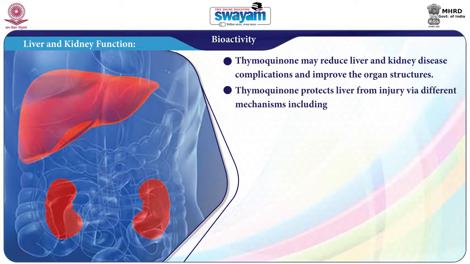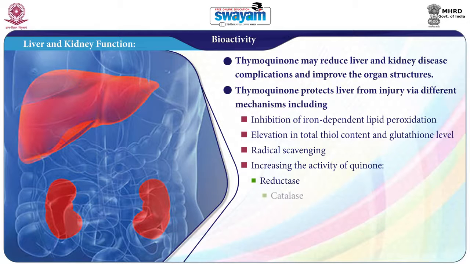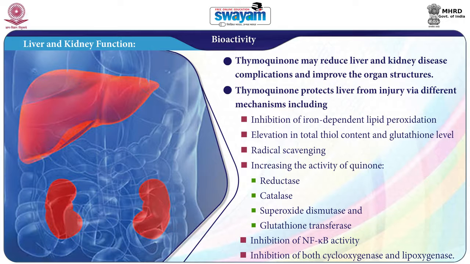Thymoquinone protects the liver from injury via different mechanisms including inhibition of iron dependent lipid peroxidation, elevation in total thiol content and glutathione level, radical scavenging, increasing the activity of quinone reductase, catalase, superoxide dismutase and glutathione transferase, inhibition of nuclear factor kappa B activity, and inhibition of both cyclooxygenase and lipoxygenase.